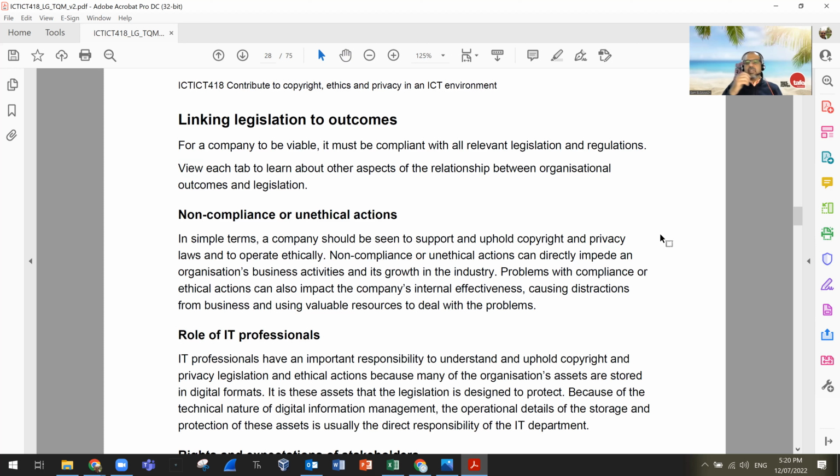Let me give you an example here. When I joined TAFE, as part of my contract and paperwork, I signed the information security policy. As part of this, it was clear that I couldn't use my computer, for example, for personal use or commercial use.